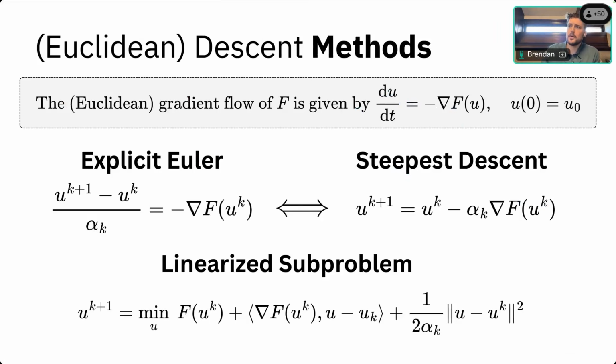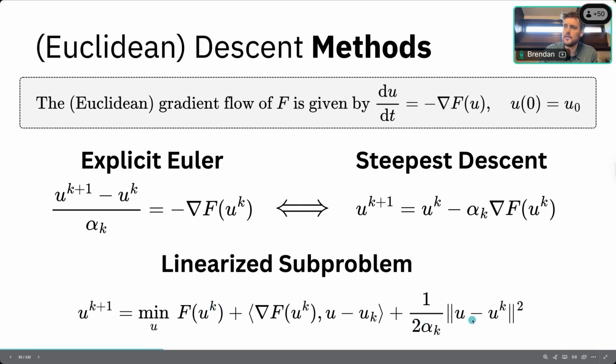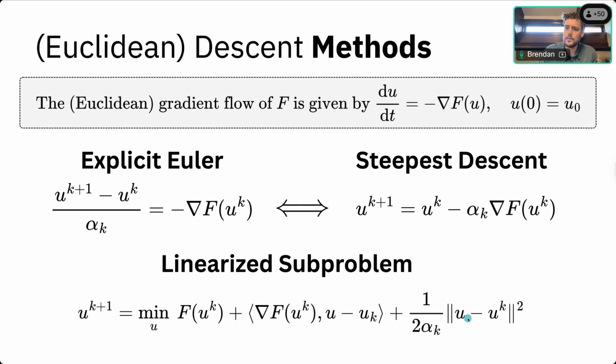Optimizers also know that you can recover this update rule by just minimizing this quadratic subproblem, where you linearize your objective function, penalize the distance from your previous point using the norm squared, and the minimizer will be your next point in your descent method.